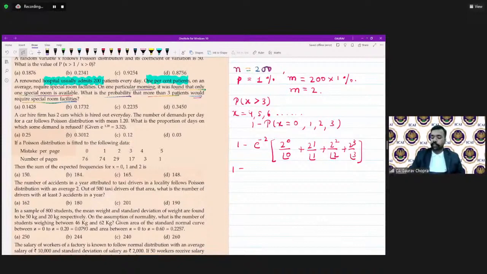So 2.7183 square and then 1 divided by that, we are getting 0.1353. Inside bracket, we are getting 1 plus 2 plus 2 and then plus 2 cube is 8, 8 divided by 6 is 1.33. So 1 plus 2 plus 2 plus 1.33, multiplied by 0.1353.